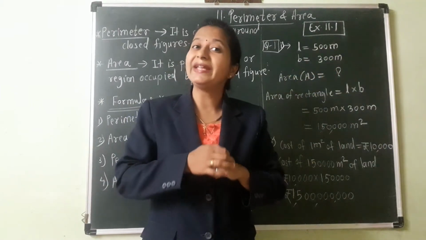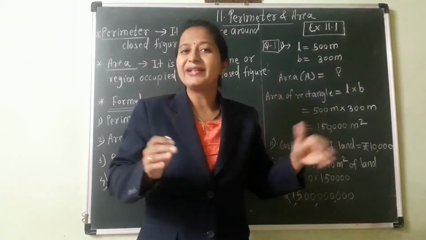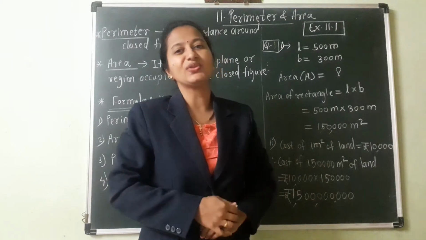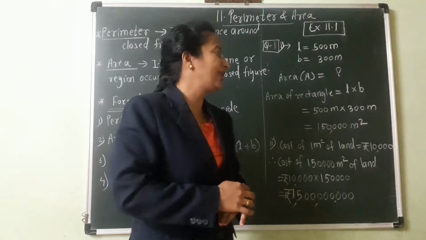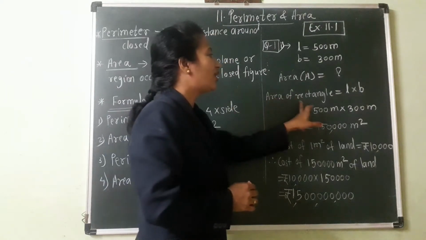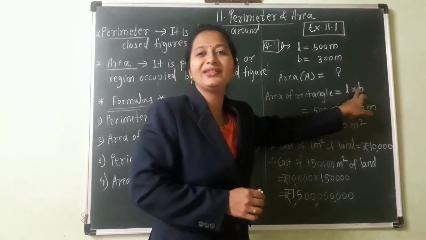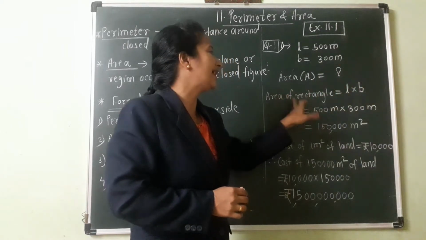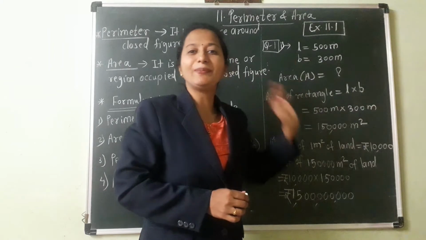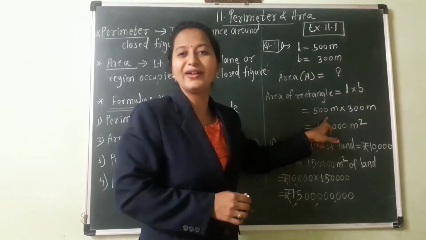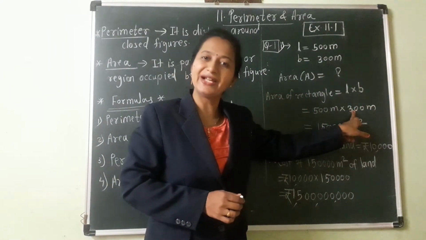We have to find the area. The shape of the land is rectangular, so we use the formula for the area of a rectangle. What is the formula here? Area of a rectangle is equal to length into breadth. Length is 500 meters and breadth is 300 meters.